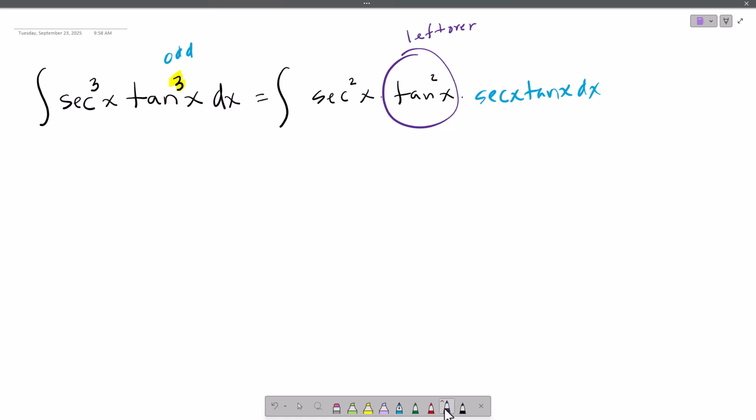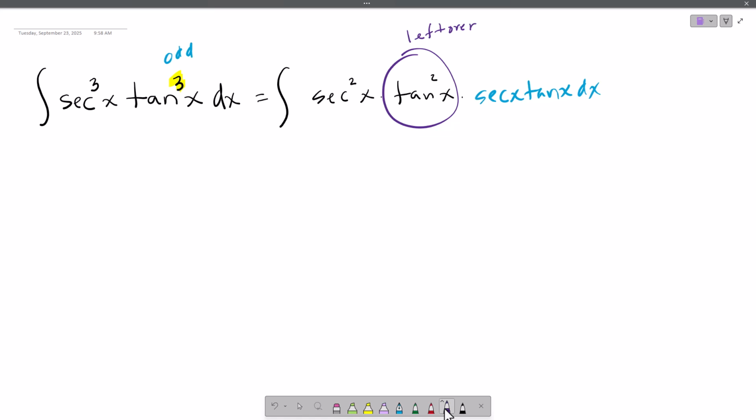Another way to think of it is that if we pull off a secant tangent, we need to have everything else be the function that has derivative equal to secant tangent. And the function that has a derivative equal to secant tangent is secant. So we want everything else to be turned into secants.